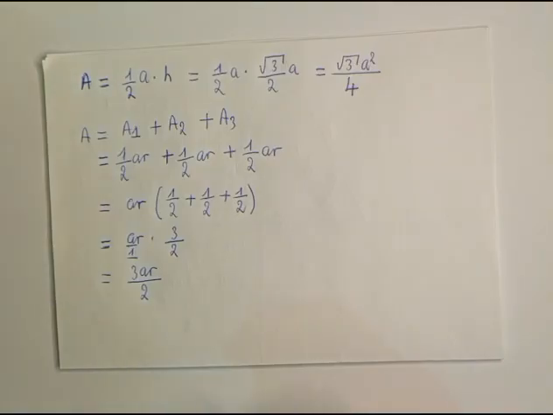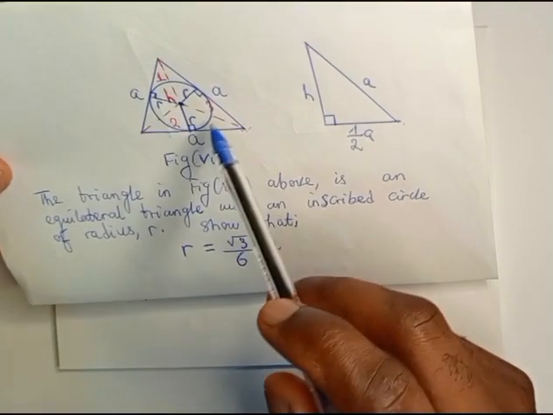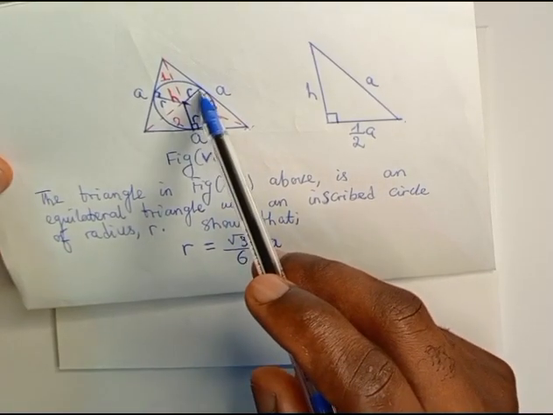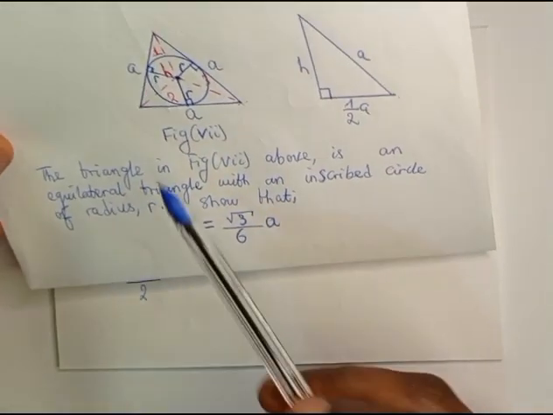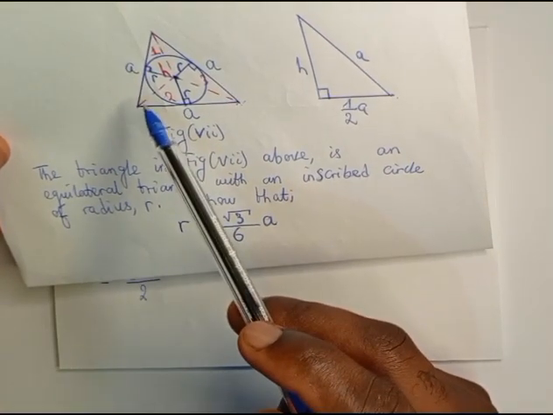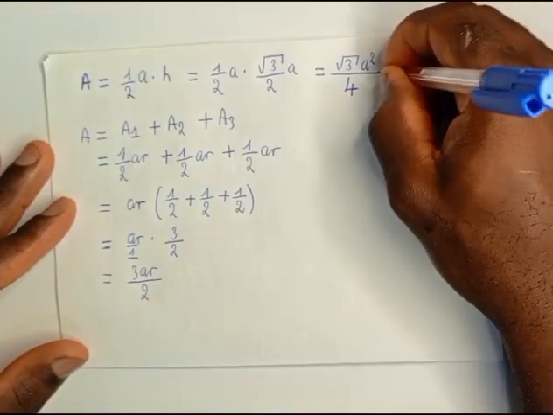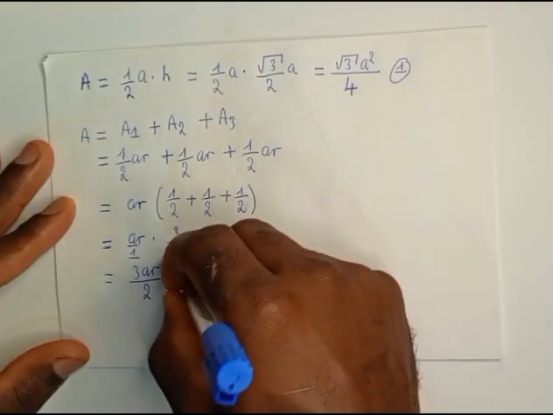That means the area of this equilateral triangle, knowing the radius of this inscribed circle, is simply equal to a half of 3 AR. This is equation 1. We call this one equation 2.